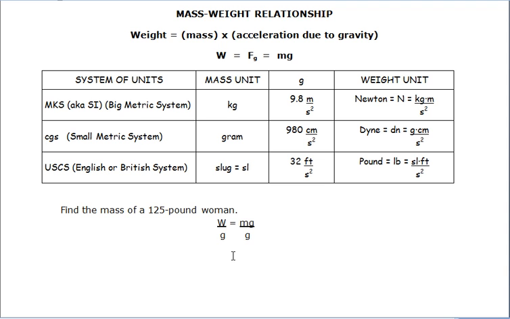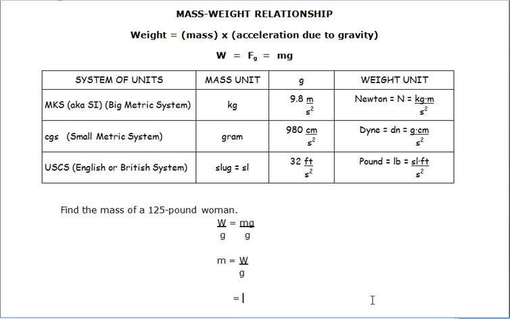And that will give us a formula for the mass. So we'll have mass equals W divided by g. So now we have mass equals weight divided by acceleration due to gravity. Now we're going to fill that in.